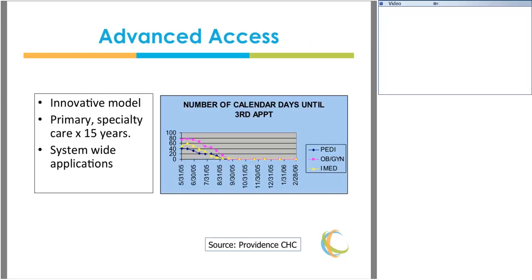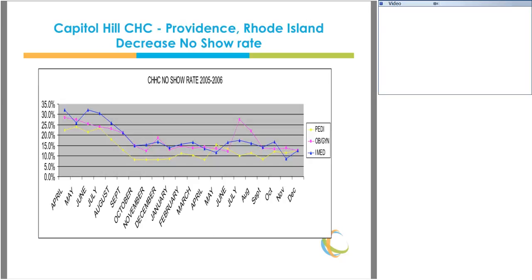You can see how the numbers tumble down from a 40-day delay to an 80-day delay when they start, and then actually hit this baseline of essentially 0 days delay in all 3 departments. Really impressive work. And you'll see some explanation of this work in the Journal of Ambulatory Care Management article that is available to you.